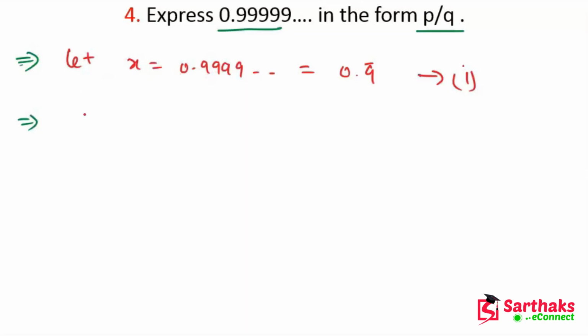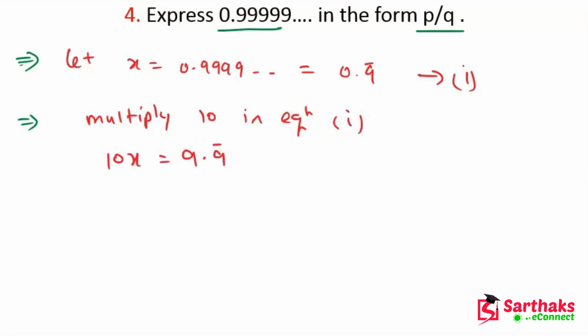Only one. So we have to multiply by 10 in equation 1. So this will become 10x is equal to 9.9 bar, because if we multiply by 10, the decimal point will shift by one digit. I hope you understand these things.